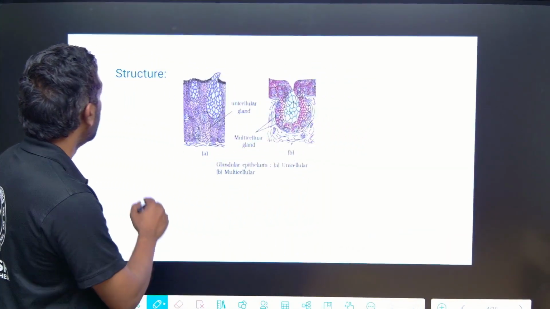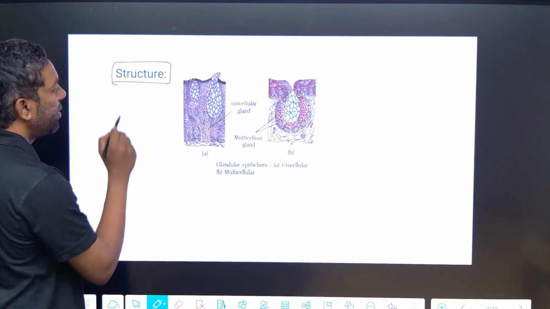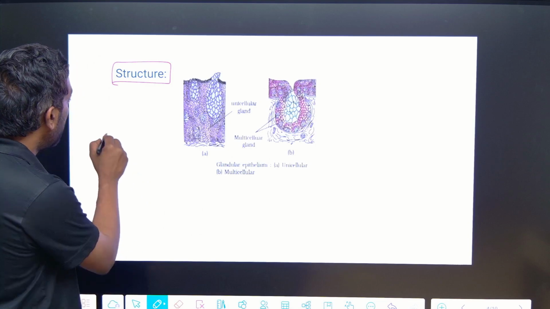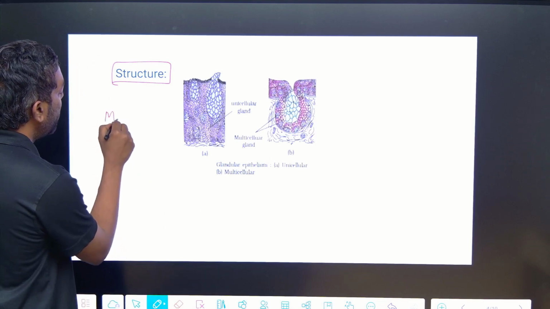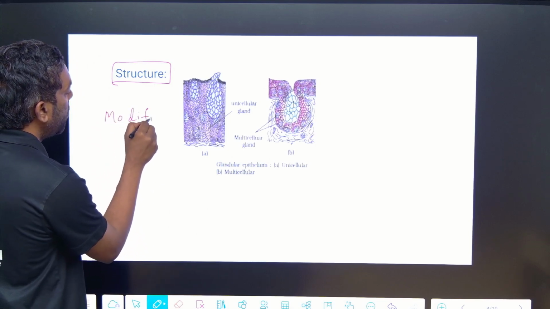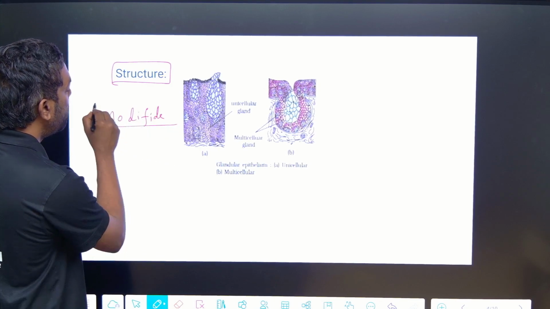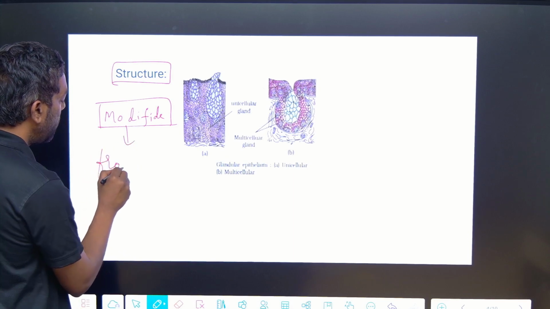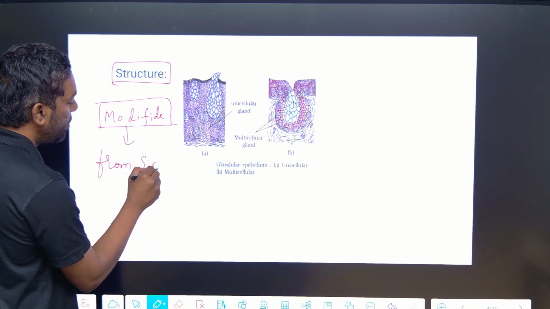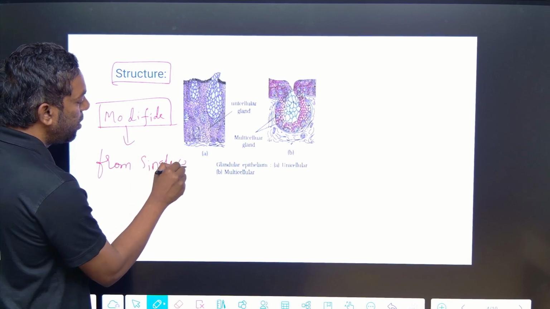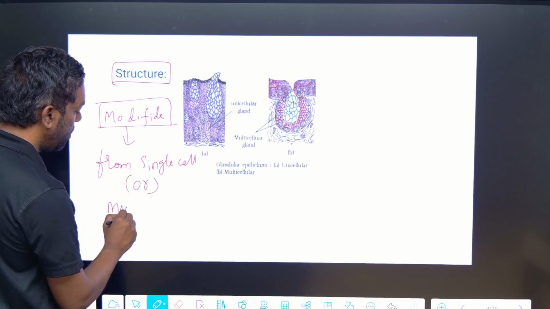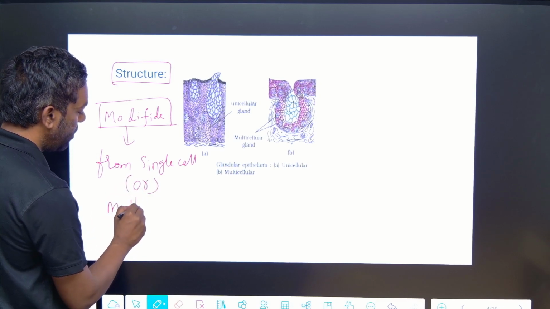Structure of the glandular epithelial tissue. Epithelial tissue is modified from a single cell or from multicellular cells.